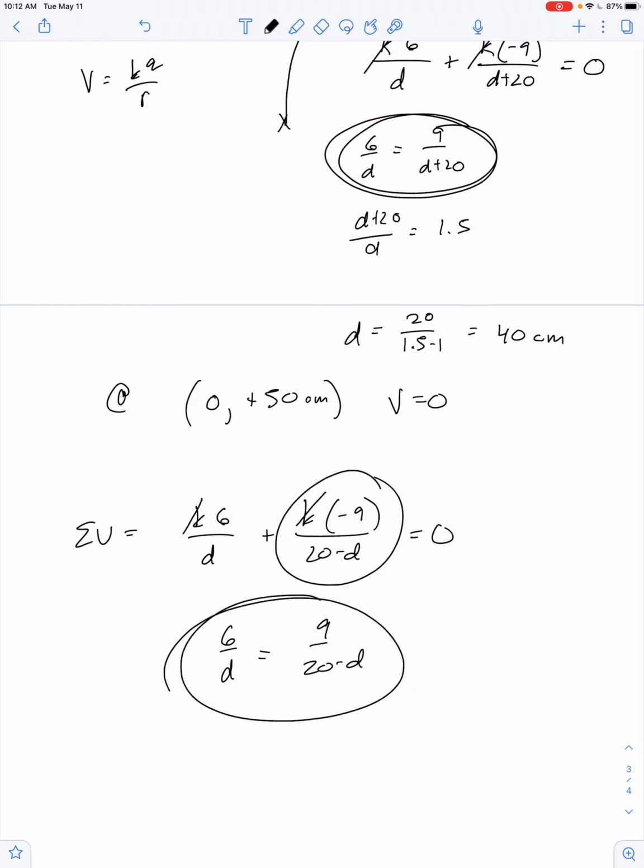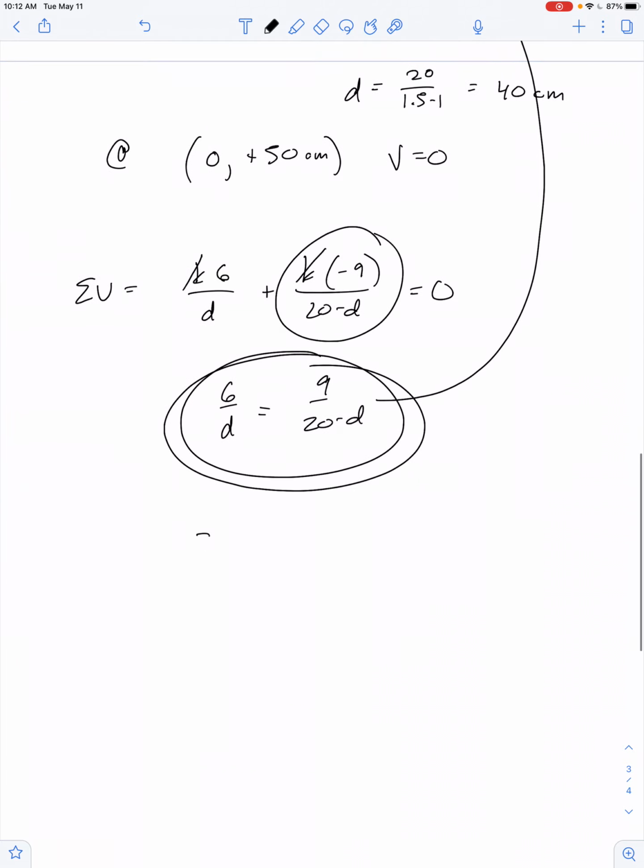I want you to compare this expression with this expression. The only difference is the plus sign became a negative sign, right? 20 minus d over d is equal to 9 over 6. So again, this value of 1.5. And so we get d is equal to 20 over 1.5 plus 1 instead of 1.5 minus 1.